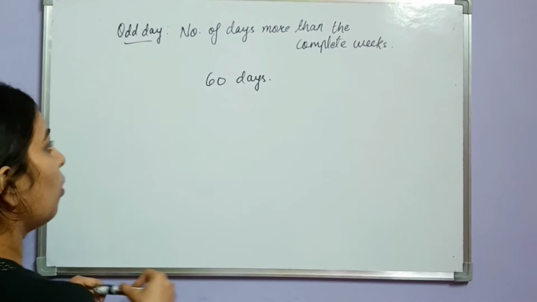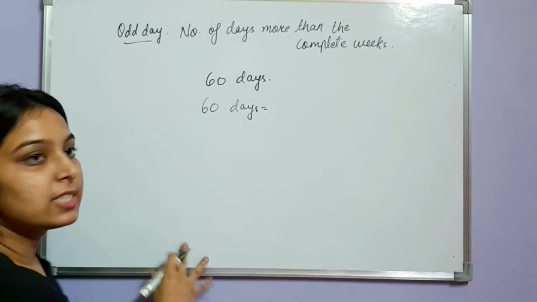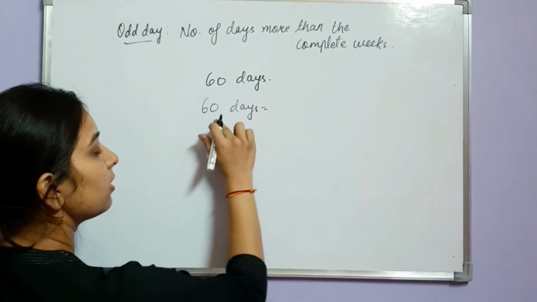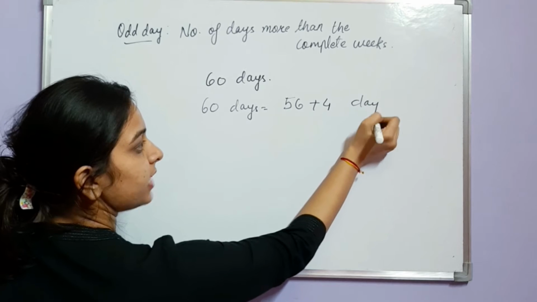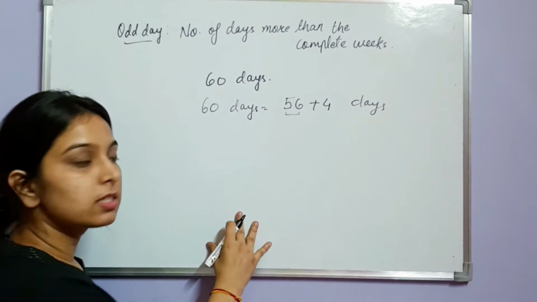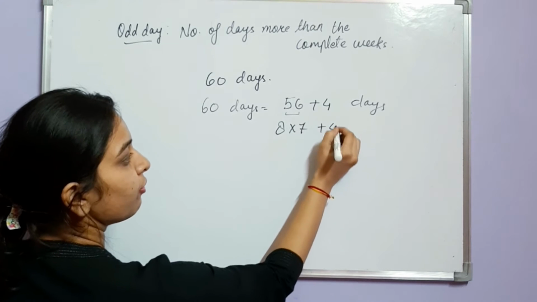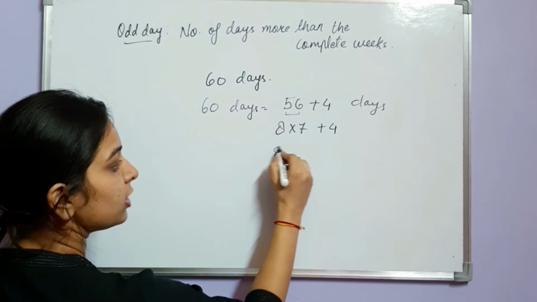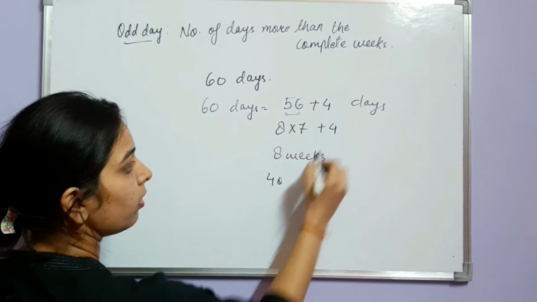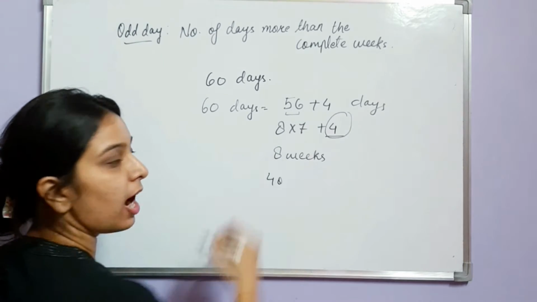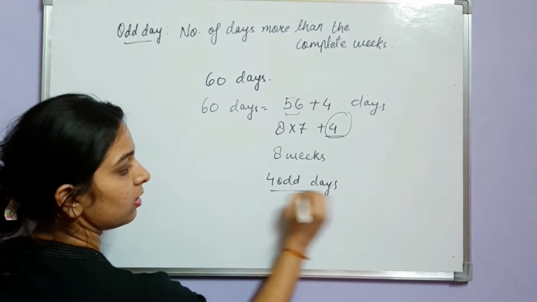That is, we are going to write these 60 days in the multiple of 7: 56 plus 4 days, and this 56 is a multiple of 7. That means we are going to have 8 weeks and 4 days left, so we are going to have 4 odd days.